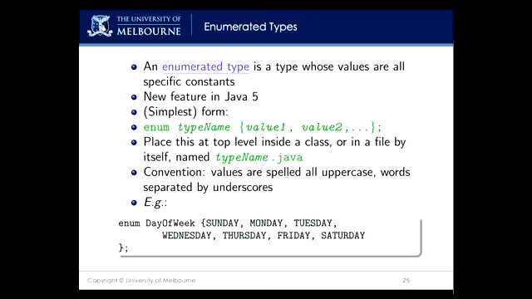In such a case, you can define an enum, or an enumerated value, and an enum has certain attributes that make it a useful feature. There are only a few slides left, so we'll continue with enums next week and finish it off there.